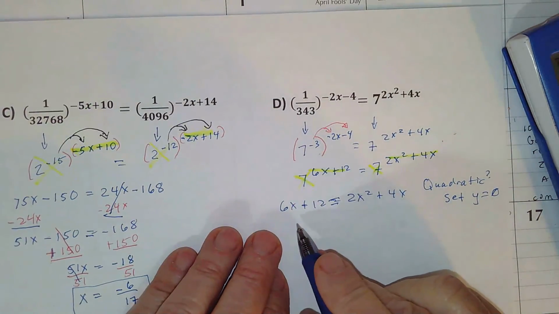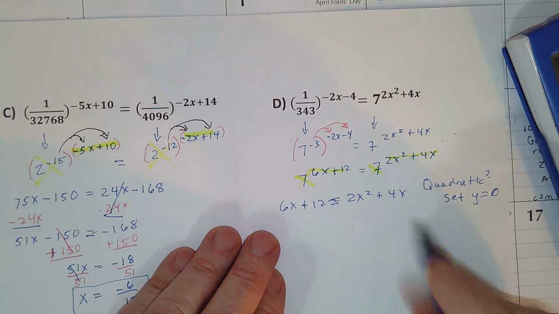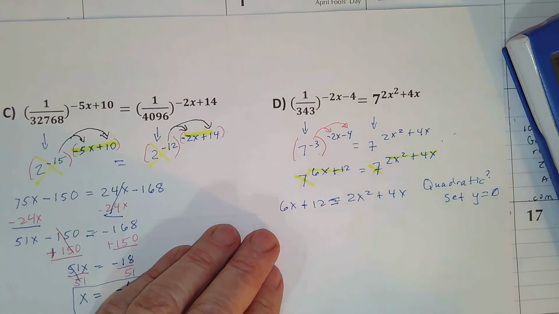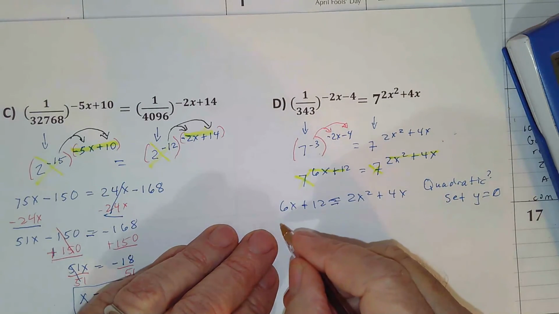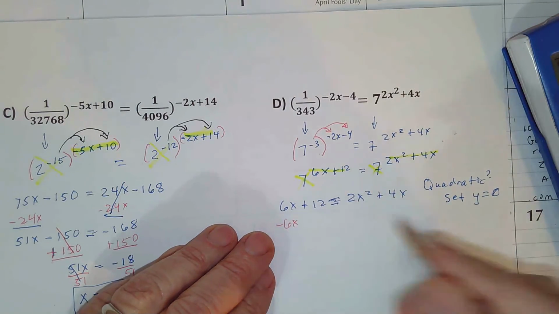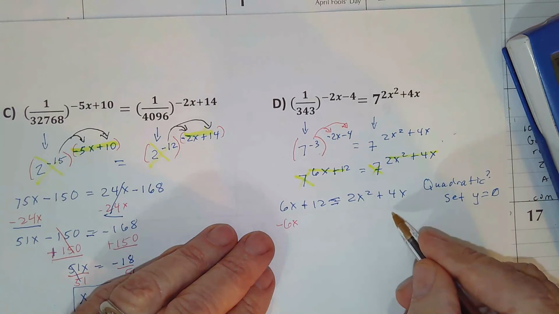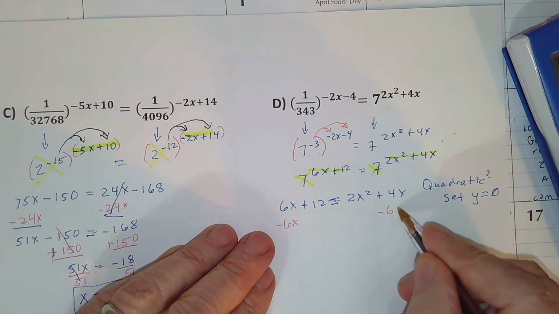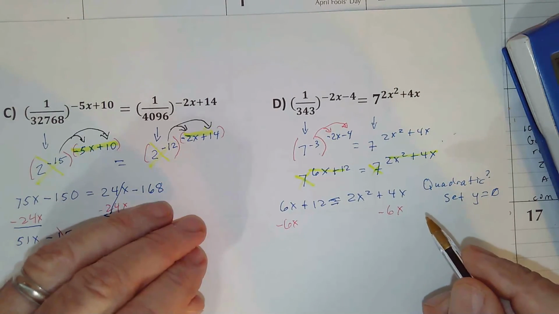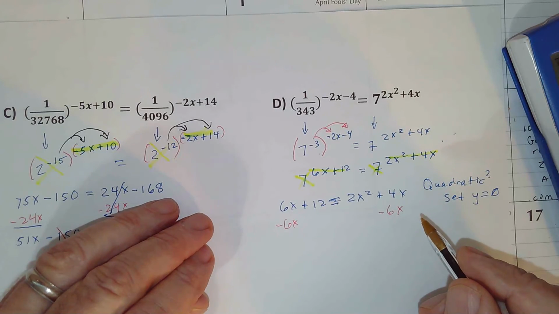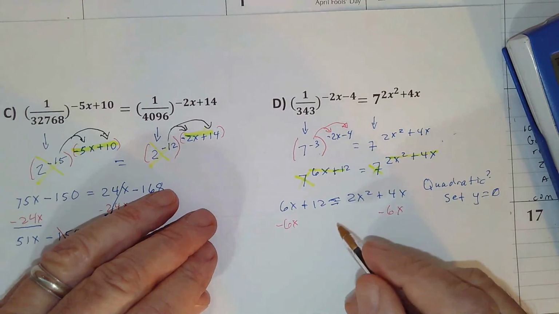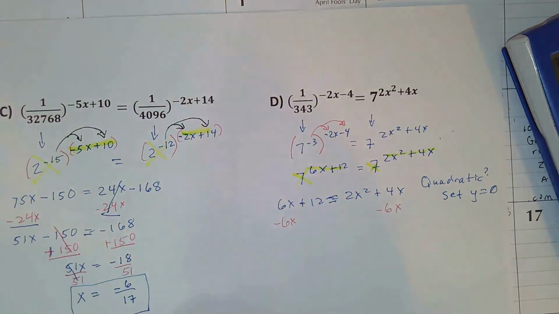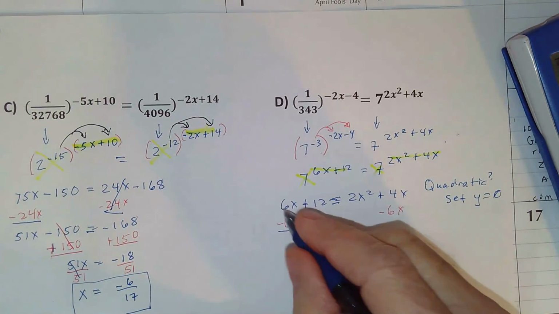That means I've got to get all this stuff on the left side over to the right-hand side so that I've got a 0 over here. So I'm going to subtract the 6x, and then I'm going to add the 12. Well, let's just do it this way. Subtract 6x.